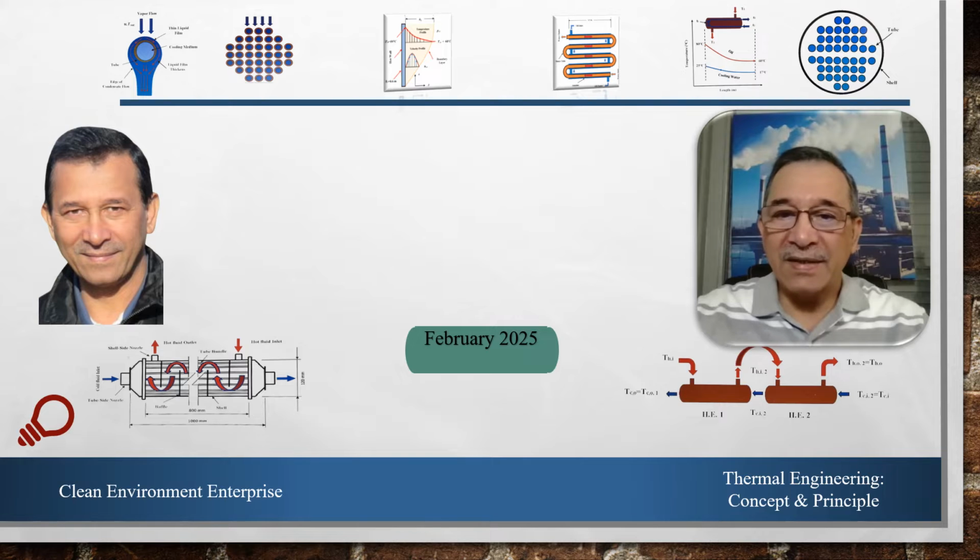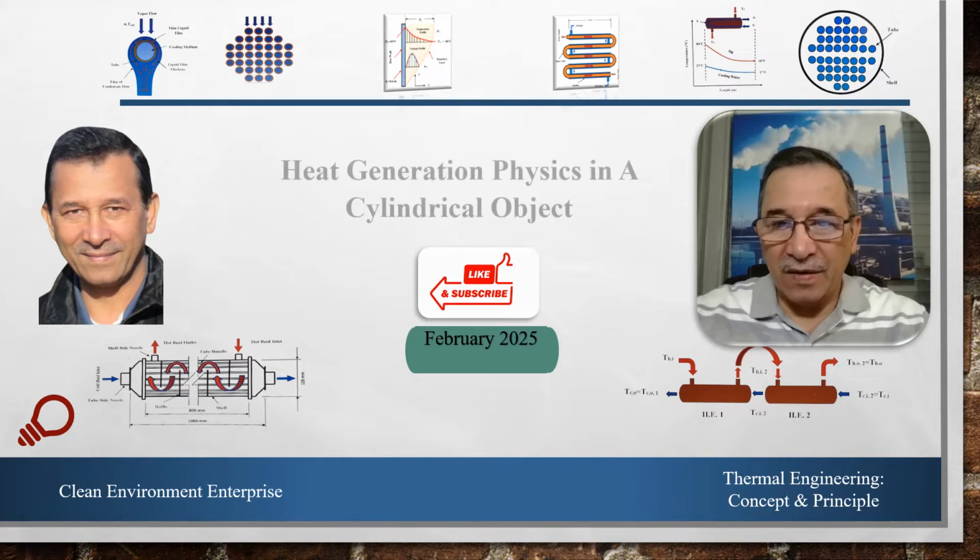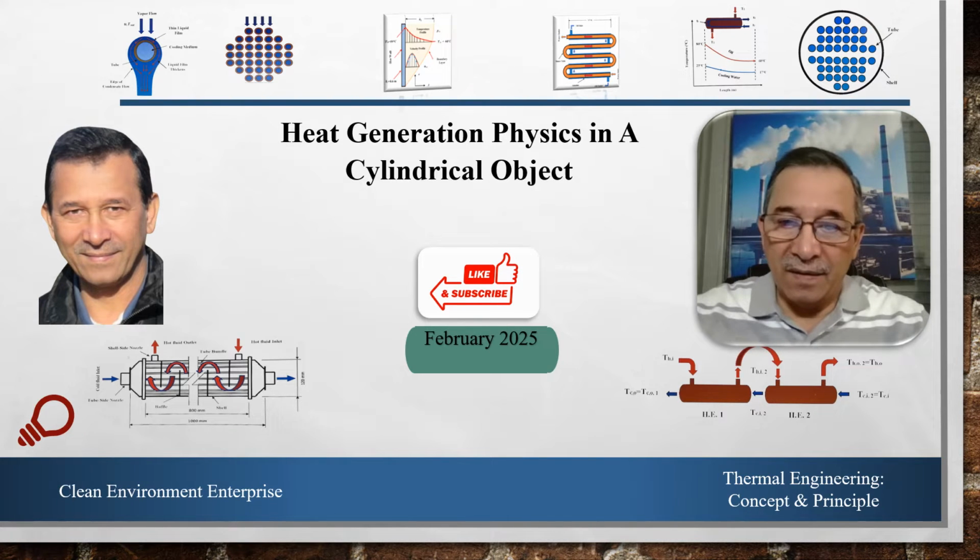This is the second part, which is related to the cylindrical objects, where we have studied the heat conduction in these geometries, where there is a heat generation per unit volume.